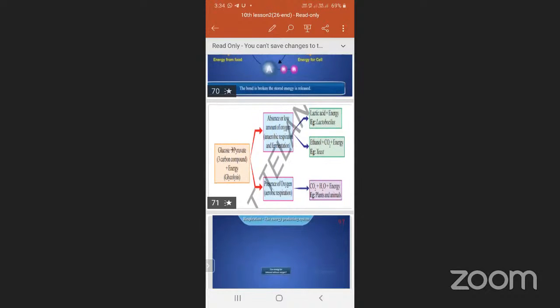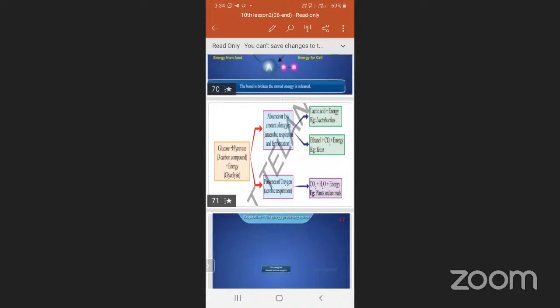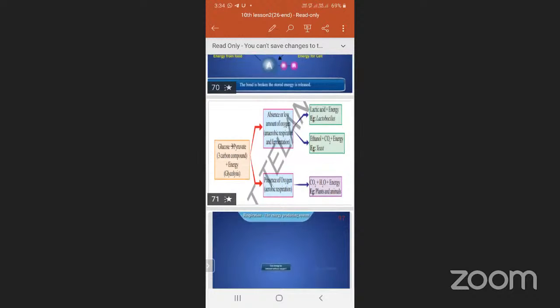This is the main point, children. A large amount of energy is released. In which reaction is the large amount of energy released? Here, for example, in plants and animals, aerobic respiration, a large amount of energy will be released.